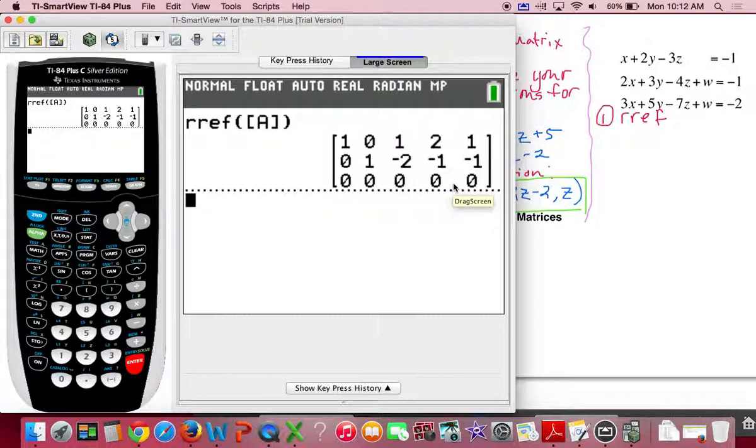This one's slightly different, so let's go ahead and write what we got for that one.